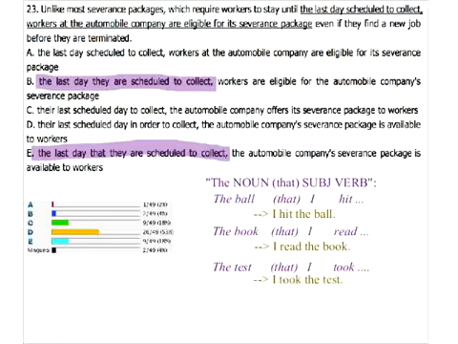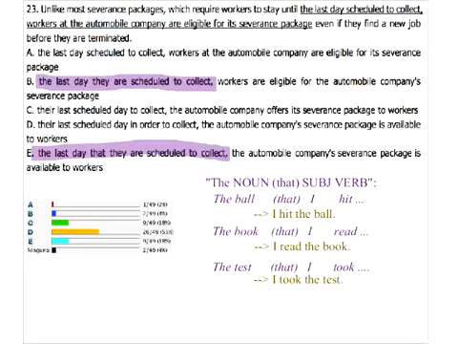So the noun is basically the object. I don't want to state that in terms of words because it'll just be unintelligible. But make sure you know that this is the same idea as if you transform it this way. If you can say the ball that I hit, then that means you hit the ball. If you can say the book that I read, that means I read the book. If you can say the test that I took, that means I took the test.